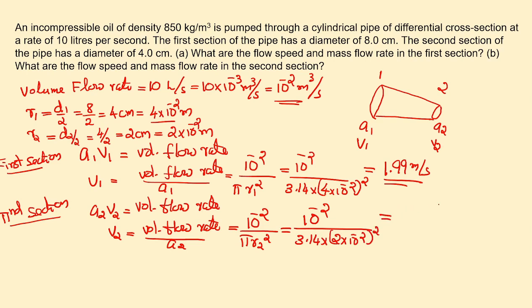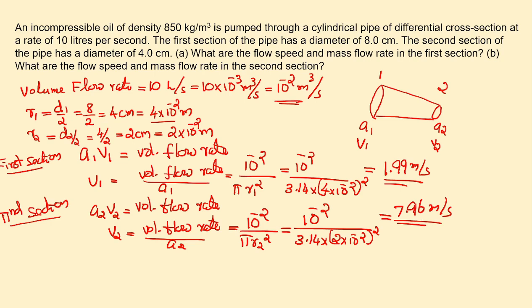Again, you can do the rest of the calculation, and you can see that the velocity at the second section is 7.96 meter per second.